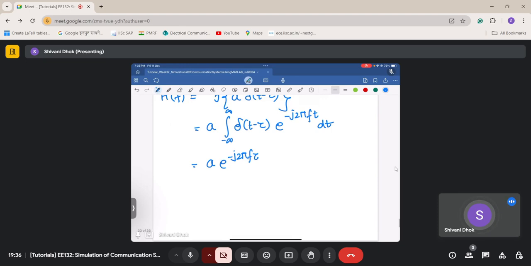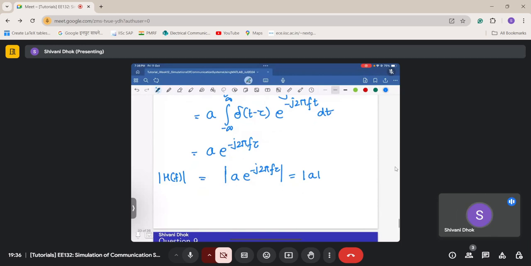Now the magnitude of H of f comes out to be the magnitude of A into e power minus j 2 pi f tau, and the magnitude of e power minus j 2 pi f tau is 1. So this is equal to the magnitude of A.